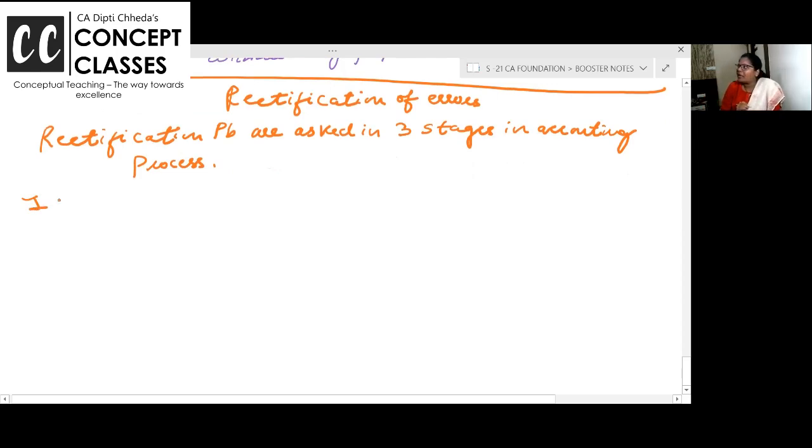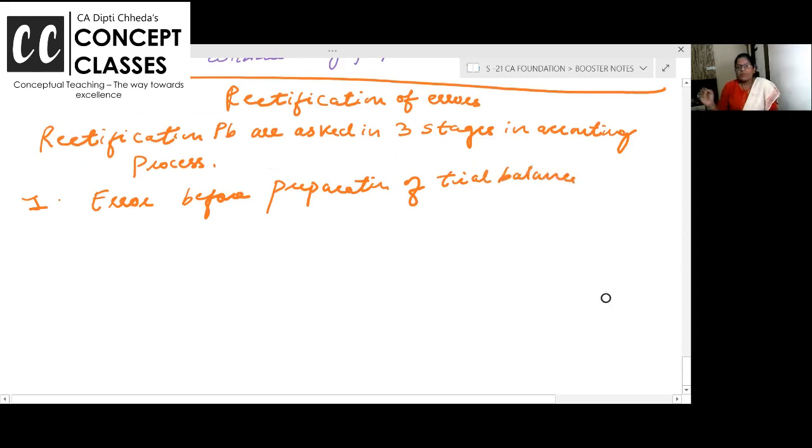First one, which is very easy and sometimes asked: error before preparation of trial balance. Error before the preparation of the trial balance. The trial balance has not been prepared yet. In this case, no suspense account is opened.